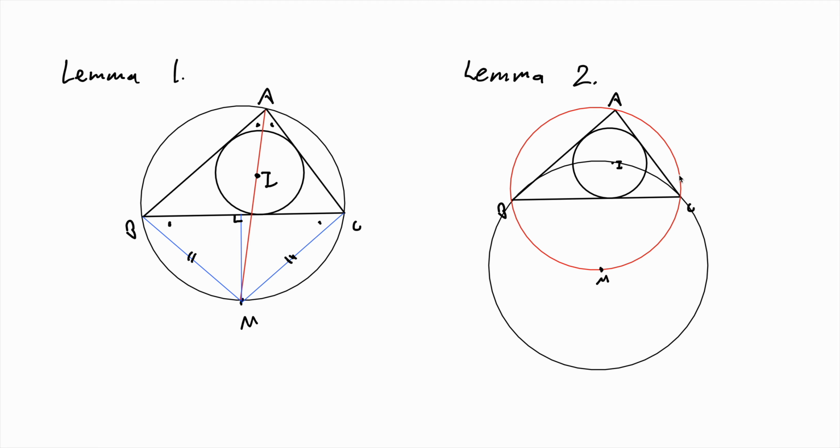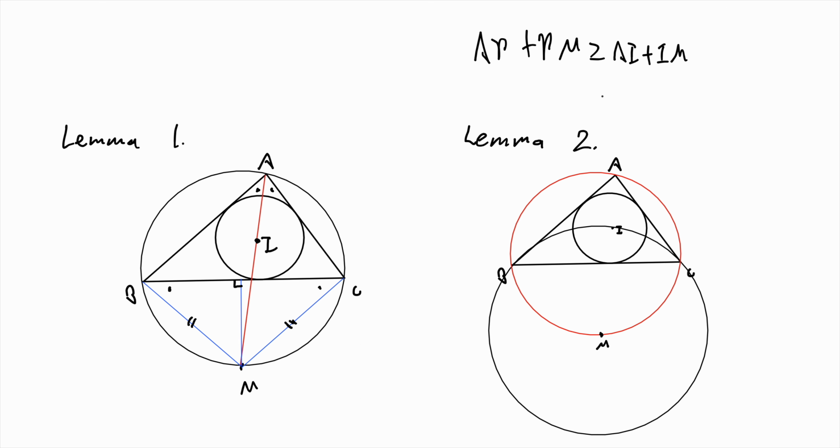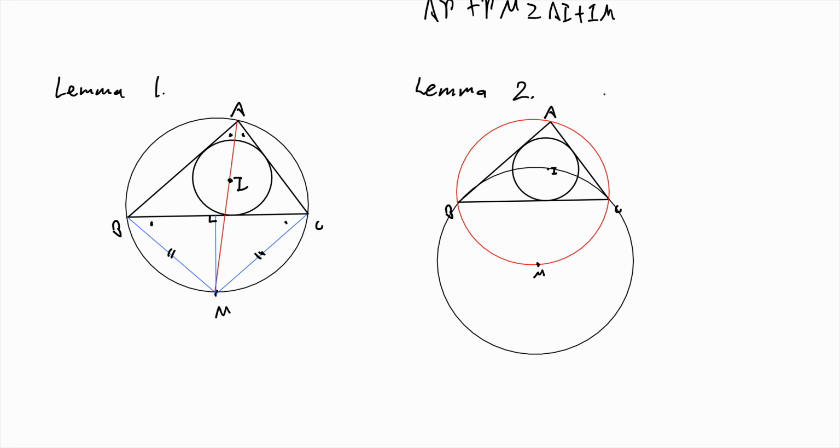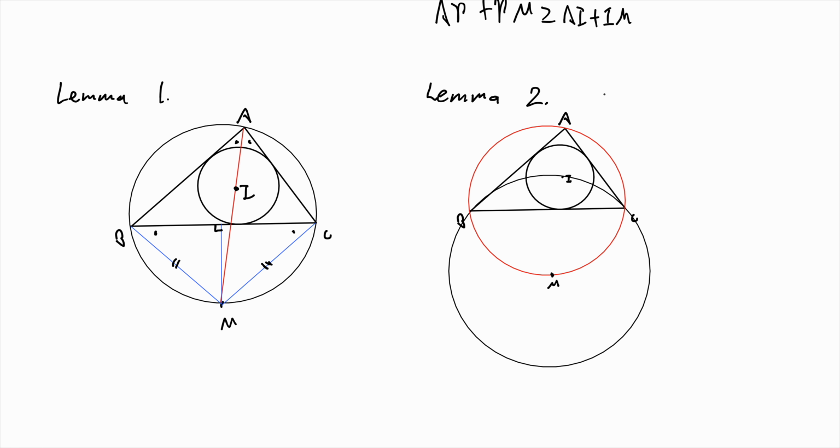Because I think I explained this in the last video, there's a radical axis like this, where the points must lie on a specific line for BM and MC to be equal to each other.